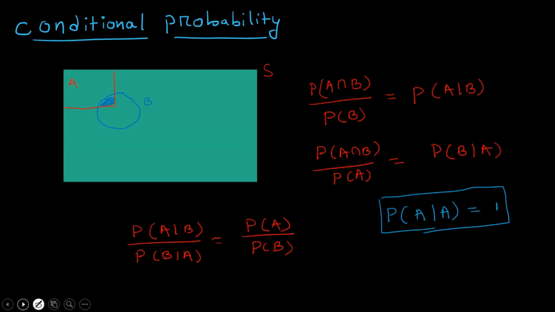A few more things that I am going to tell you: what is probability of B complement A when B and A are independent? Clearly, if two sets are independent, then this will be nothing but probability of B. These are the results that we are going to use in some later lectures.